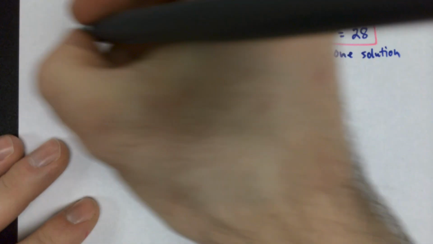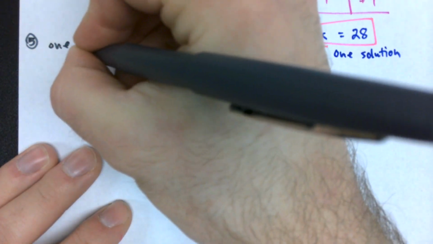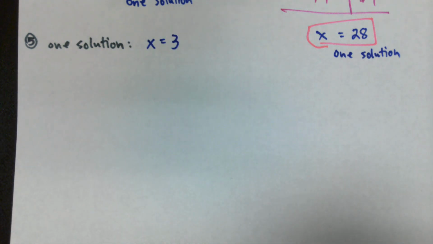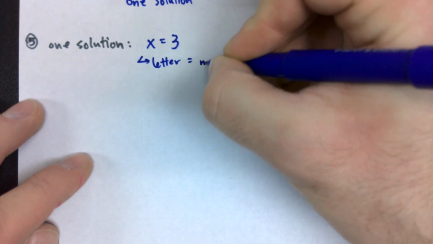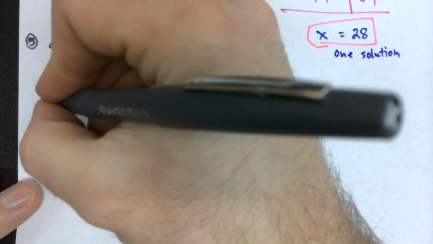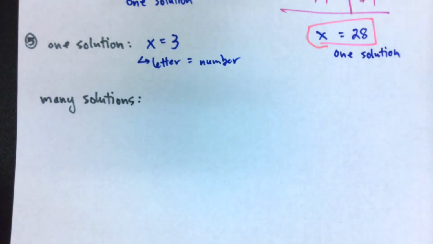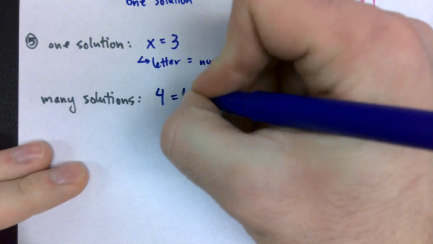We've talked a lot about one solution already. One solution was like x equals 3. Letter equals number. Many solutions, which again is the shortened form of infinitely many solutions, is going to look something like 4 equals 4.